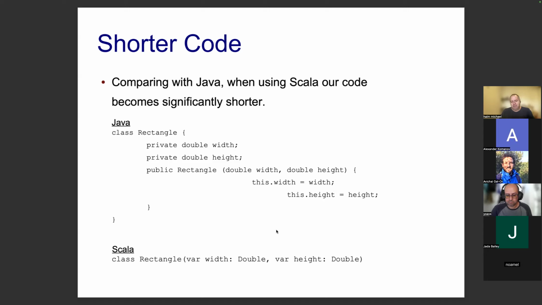So when you instantiate the class in Scala, and the class was defined as you can see on the bottom, then the constructor includes two parameters, width and height. But given that width and height come together with a var before them, it means that width and height are not only parameters, they are also instance variables that will exist in every Rectangle object. So bottom line, the equivalent code for defining the class Rectangle in Java is what you see on top. This is the equivalent code to what you have on the bottom.